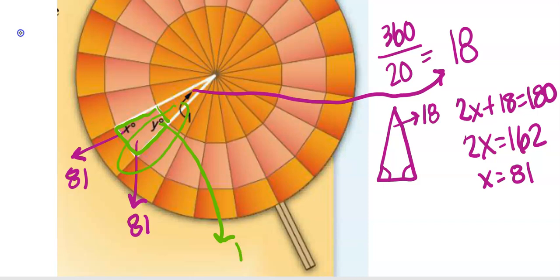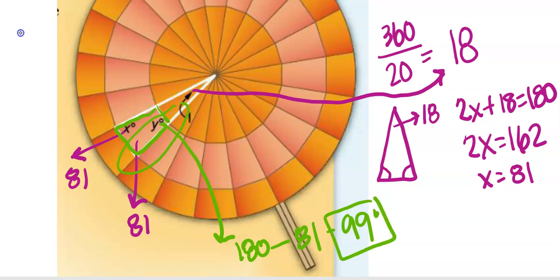So 180 minus 81 would be what, 99? So angle y would be 99 and angle x would be 81. So sometimes they're going to give it to you in an application type thing where you might have to use other knowledge as well. So x is 81 and then y is 99.